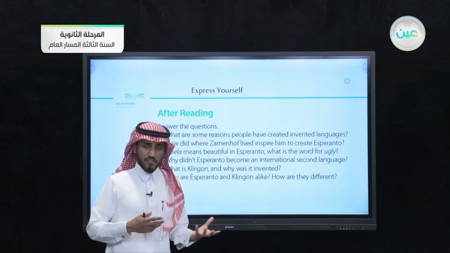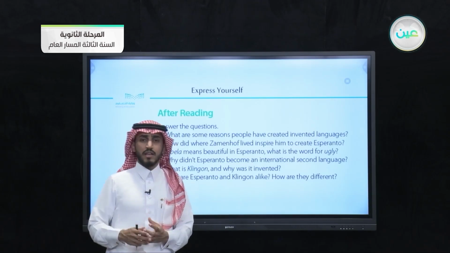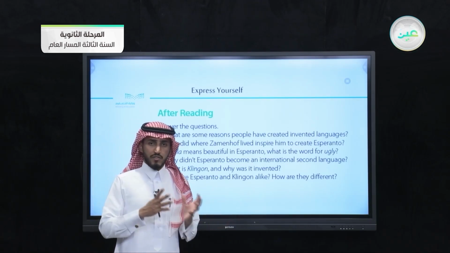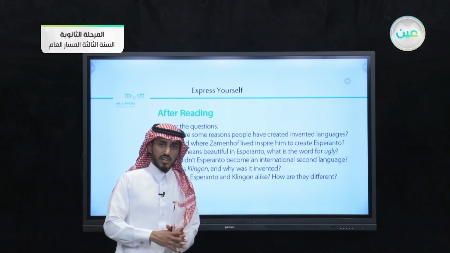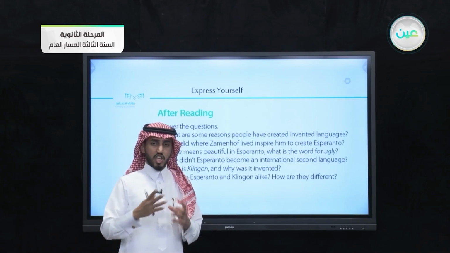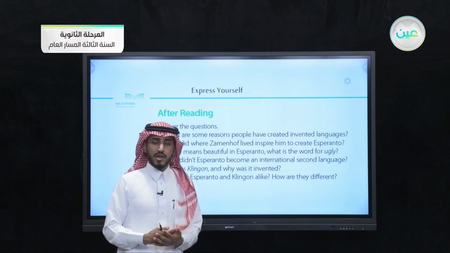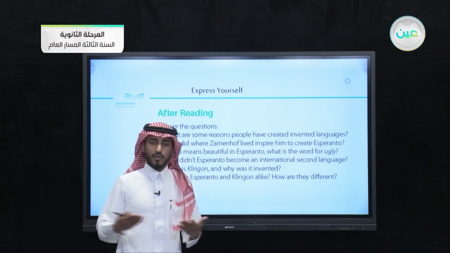We started with the first one, where we discussed the proper way, the right steps, to find the answer for each one of these questions. We said that we should start by identifying the key words in the first question. After we underline them, we go back to the essay and start scanning for these words.